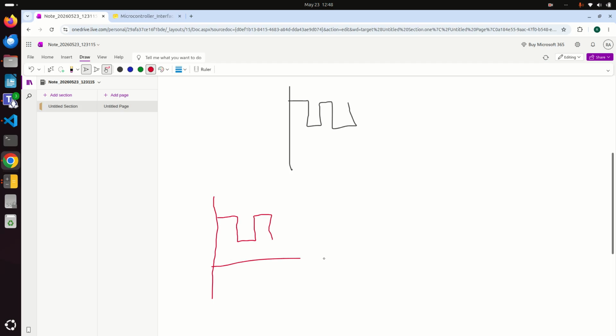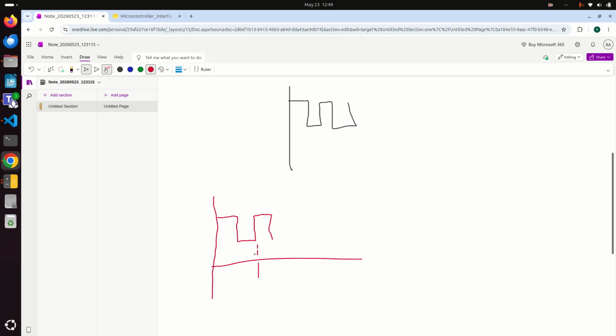Now assume it takes 1 second here, and in the 1 second duration, 50% is on period and 50% is off period. So if I connect an LED to this, what will happen?